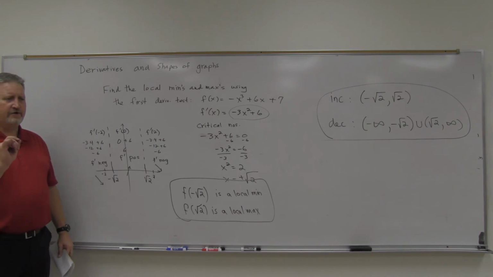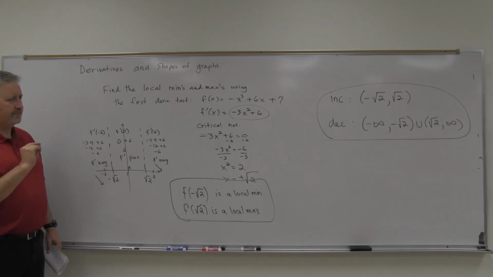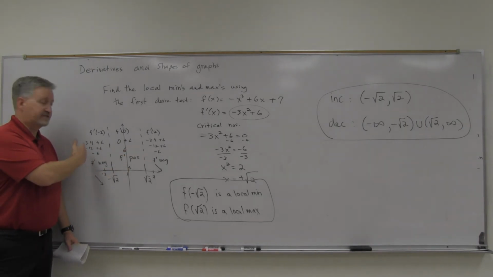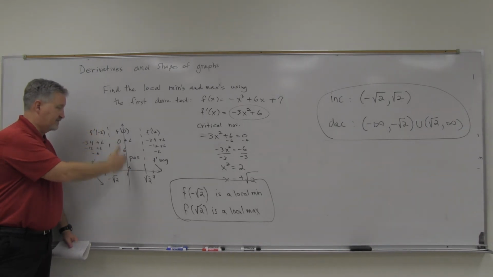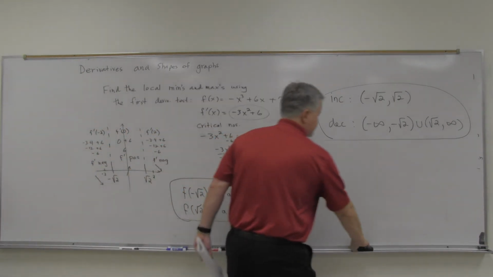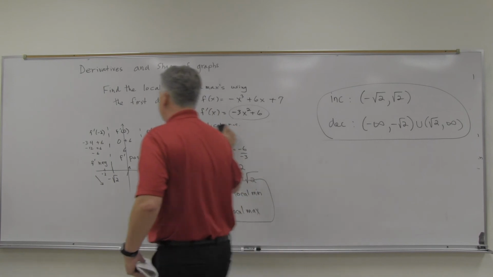I wanted to show you the one example where it doesn't always alternate. So you can't just assume that if this one's negative, this one's positive. A good example of that is f of x equals x cubed.